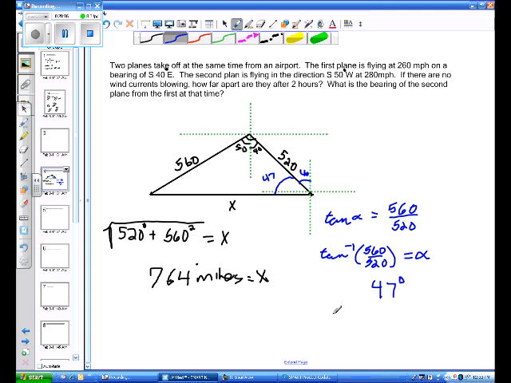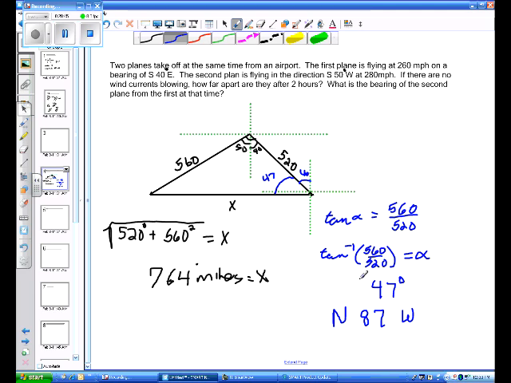So from the north, we've gone 87 degrees towards the west would be the direction of the second plane from the first. And so you can't rely on exactly how you've drawn your picture because we're not getting out tools, measuring, and compasses. We're just estimating our angles. And so you have to go back and rely upon the math.